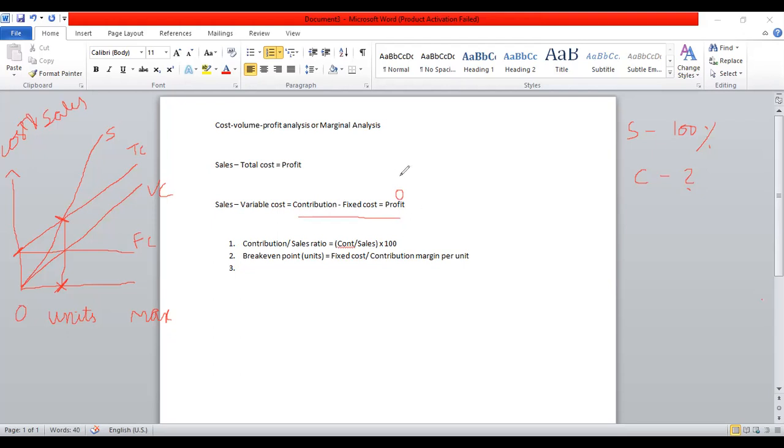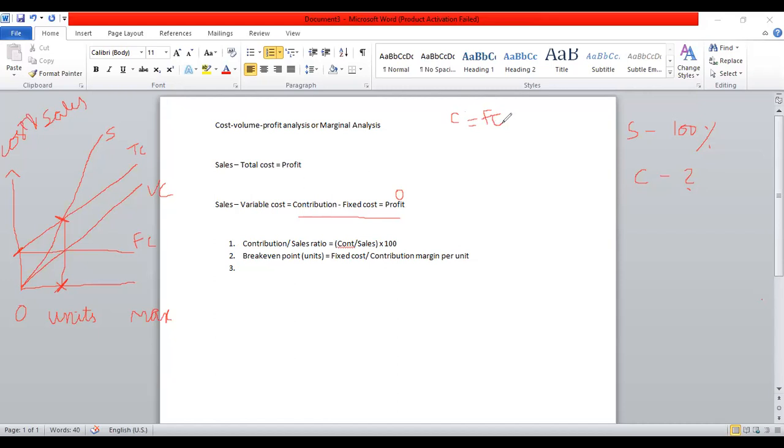If we take fixed cost to the other side, contribution is equal to fixed cost. When the contribution earned is sufficient to recover the fixed cost, as much as the fixed cost is, if the contribution earned is the same amount, that is the break even point. So we have to see that fixed cost and contribution should be equal.